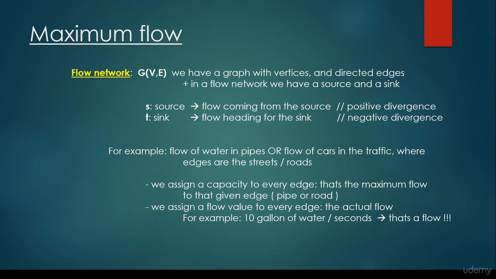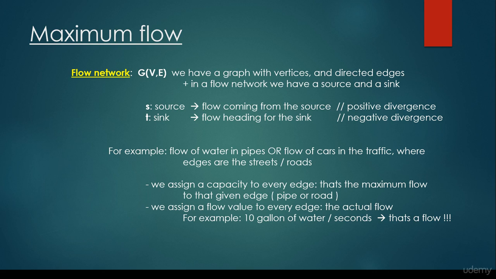There are two important features and properties for a flow network. We assign a capacity to every single edge. That's basically the maximum flow for that given edge, or pipe or road, whatever. It's very important that this capacity is just an upper bound for the flow. The second parameter is the flow value, which we assign to every single edge as well.